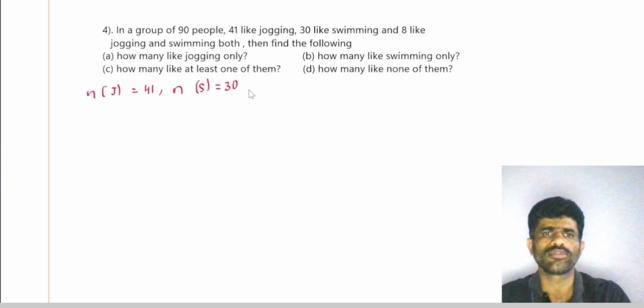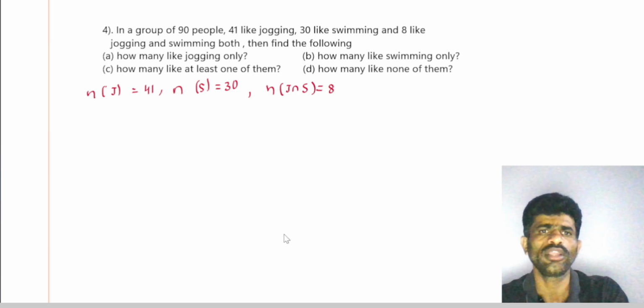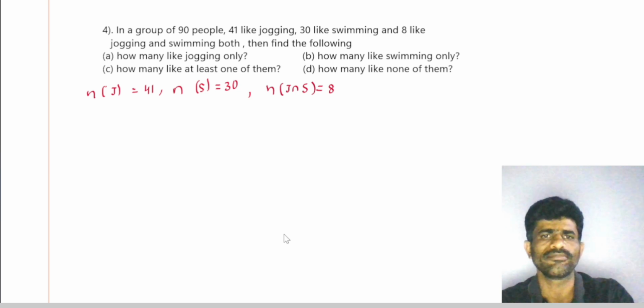Together both means we should take it as intersection. N of j intersection s is given as 8.